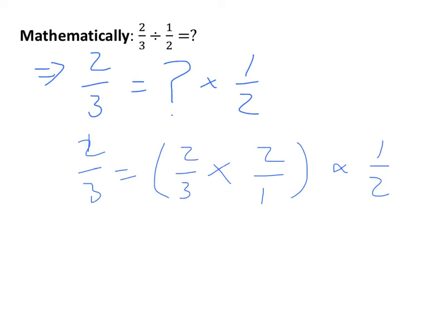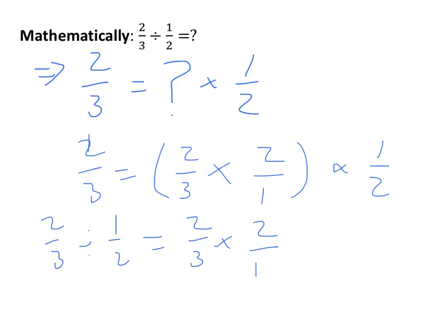And so what we've done is we showed that this number right here is the number that solves this multiplication problem. And so that tells us that 2/3 divided by 1/2, which is what that question mark originally represented, is the same as 2/3 times 2 over 1.